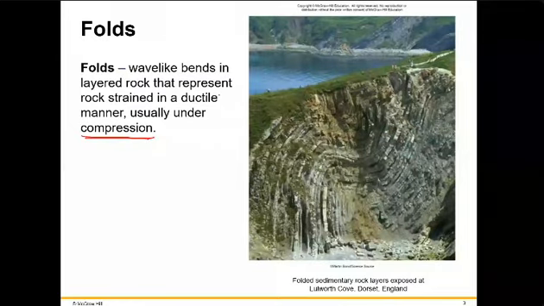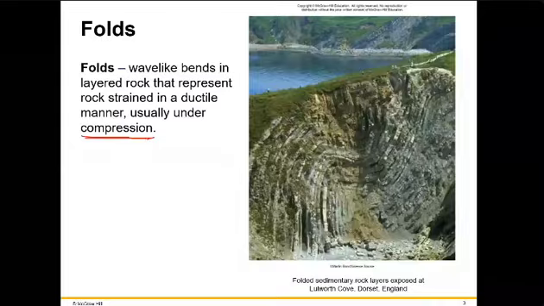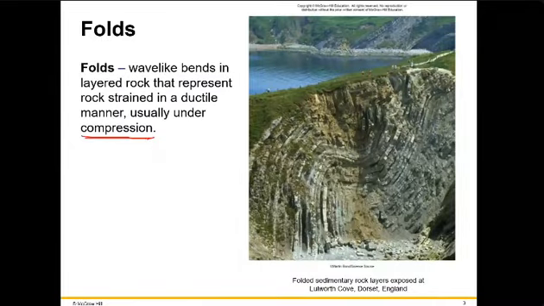So it's a type of ductile deformation formed under compressional stress. And what are they really? They are wave-like bends in layered rocks that represent rock strained in a ductile manner. So on the screen here, what you see is an outcrop that is showing folds. All right, just a sec.